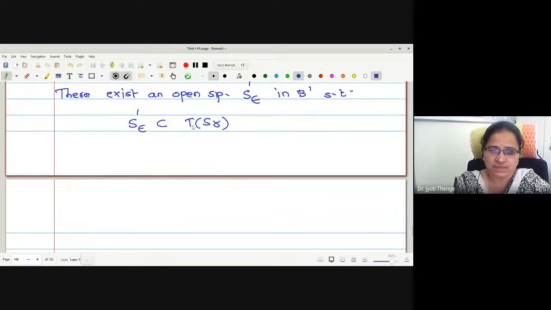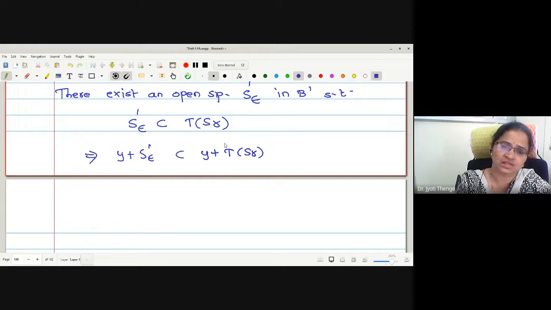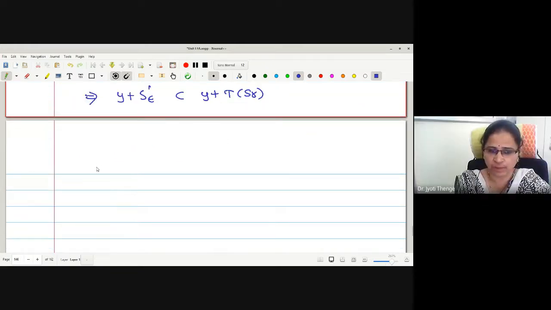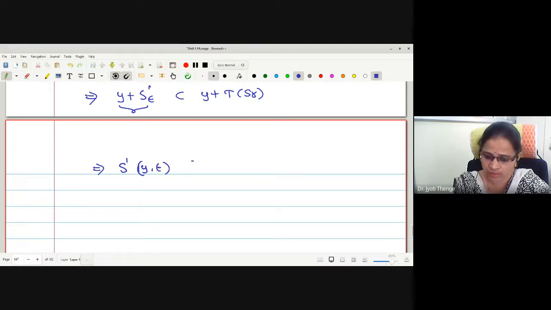If S epsilon dash is contained in T of SR, what about the translation Y plus S epsilon dash? May I say it will be contained in Y plus T of SR? Yes, we have made a translation. Again, let me use lemma number 1 to write Y plus S epsilon dash as S dash of Y, epsilon. Is it okay?